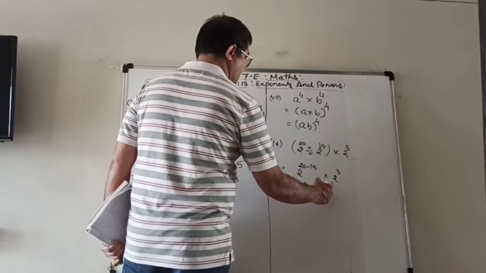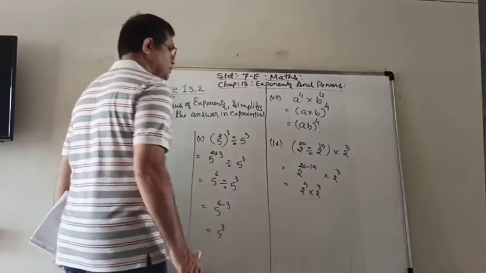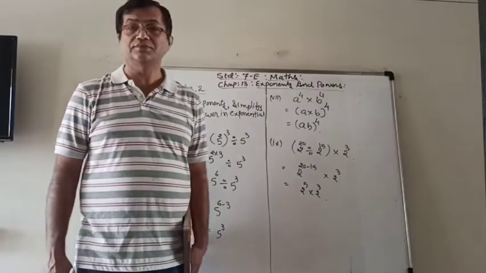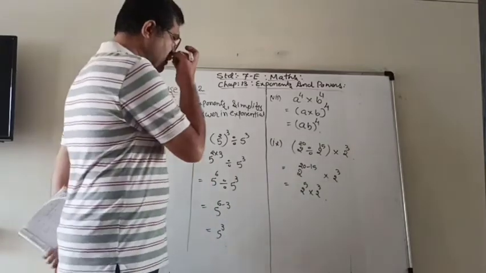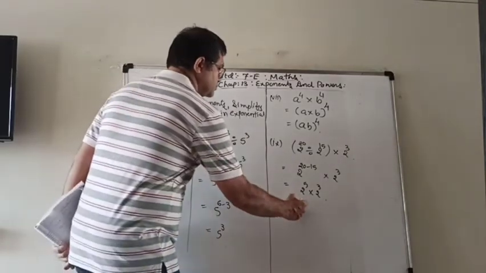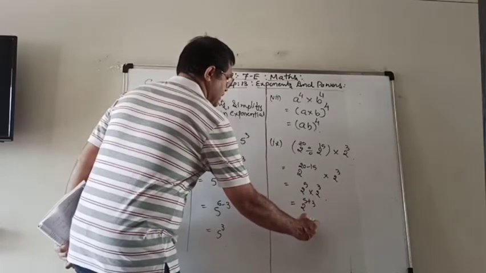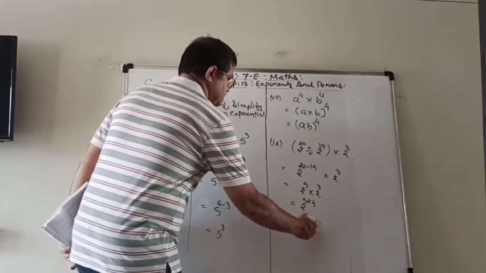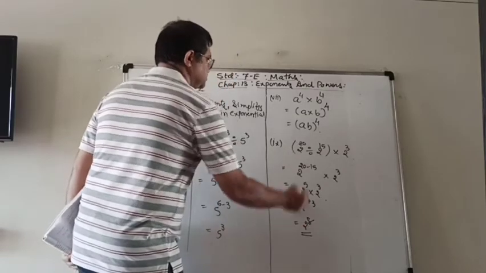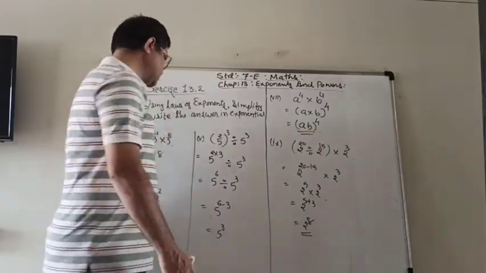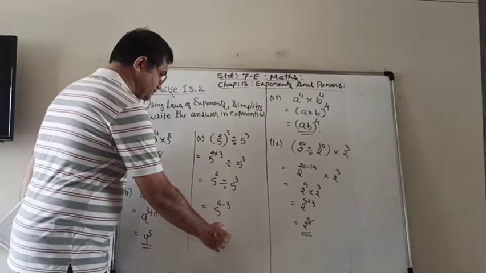So 2 raised to 5 into 2 cubed. So now 2 raised to 5 plus 3 and 5 plus 3 is 8. So it is 2 raised to 8. That is the final answer.